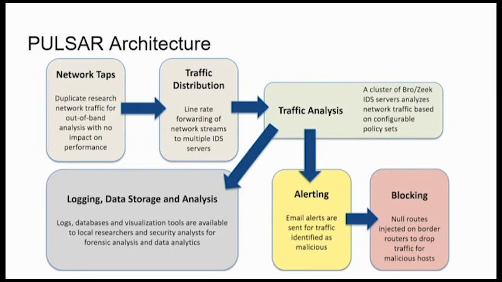And the last layer is the blocking layer. The blocking layer is something that is currently under development. So the eventual goal is to automate the entire system so that the system can automatically block malicious traffic.